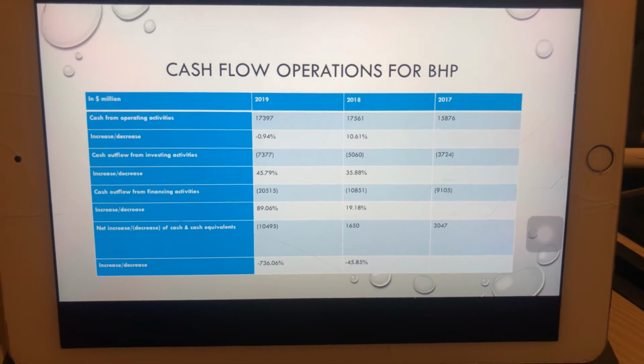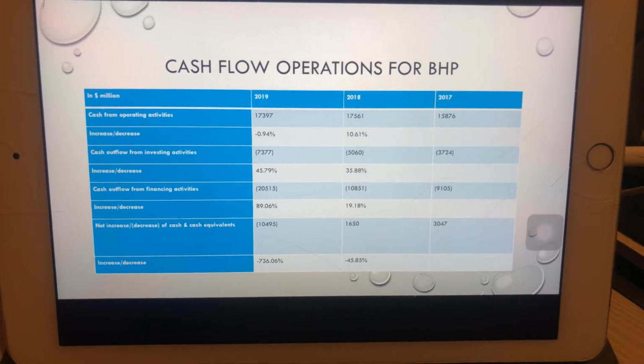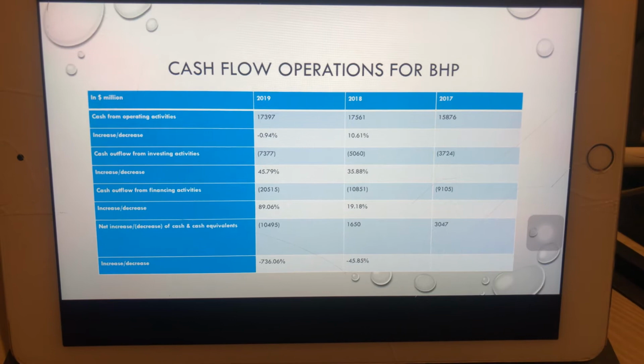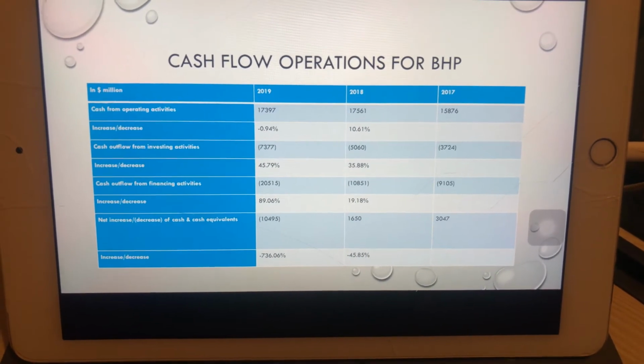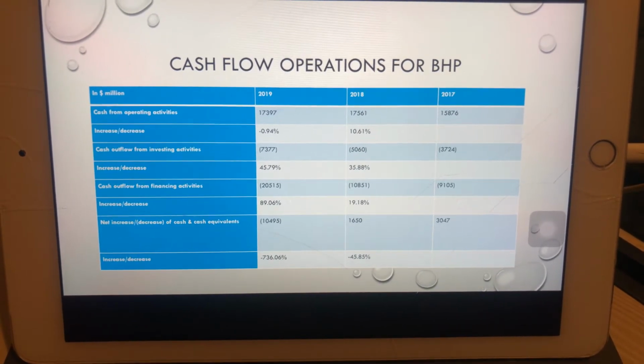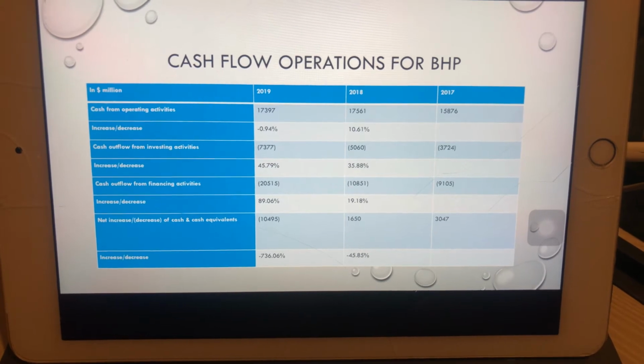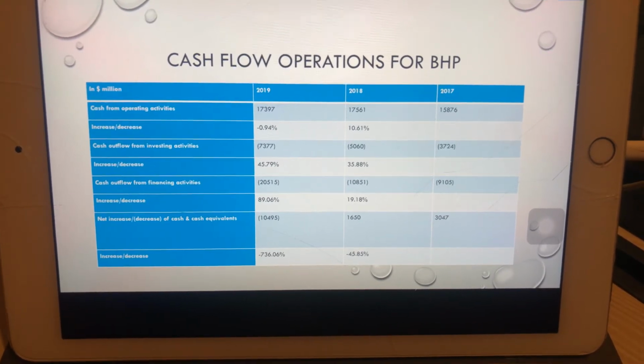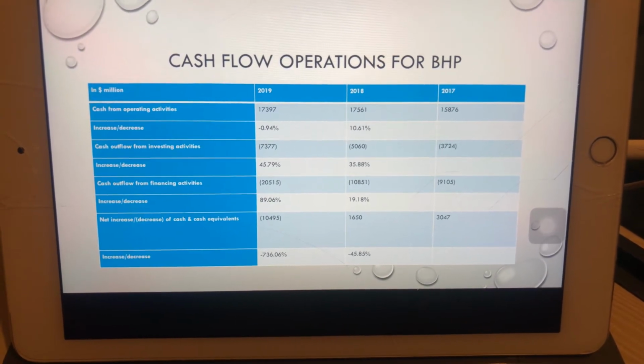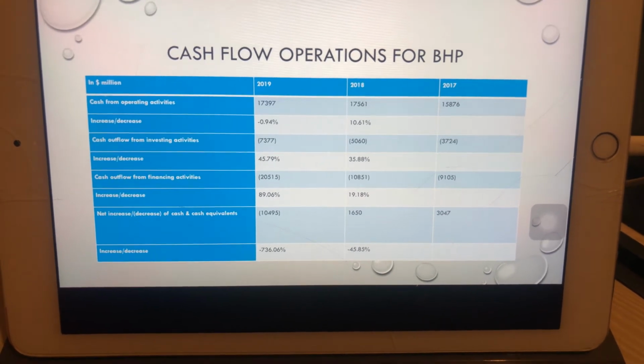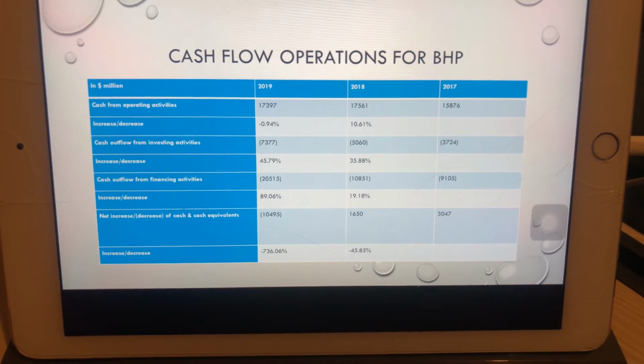As we can see from the figure, BHP showed a positive trend of net operating cash flow during all the 3 years. There is an increasing trend of expenditures in investing activities, and the cash outflows from the financing activities showed an increasing trend also.